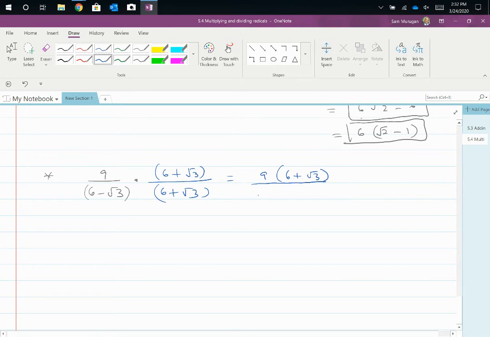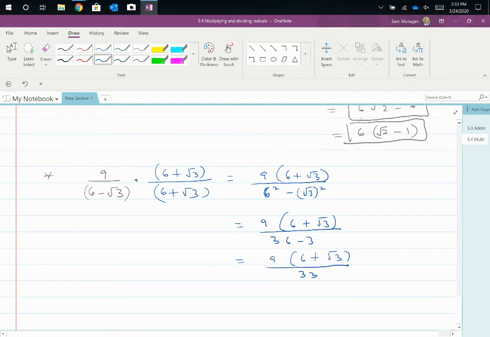And on the denominator, I have a conjugate, so this is 6 squared minus square root of 3 squared. So I've got 9 times 6 plus square root 3 over 36 minus 3. So this is 9 times 6 plus the square root of 3 over 33.